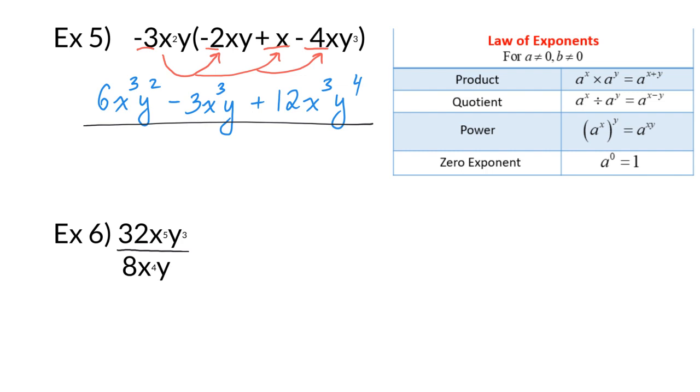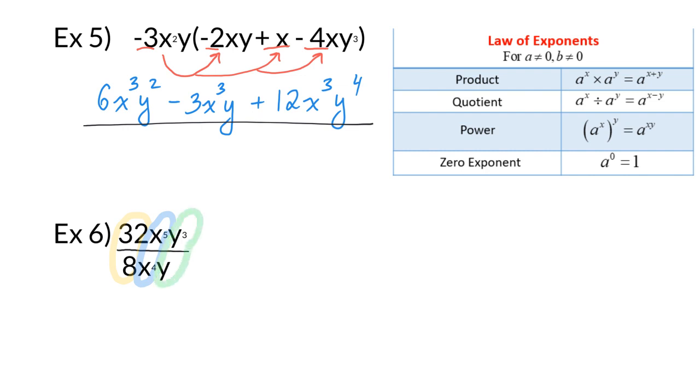In our last example here, we are looking at dividing polynomials, or in this case, a monomial. The same methods apply as before. When we were multiplying, we grouped the numbers together, which we will do here. We then grouped like bases together. So the x's will go together and the y's will go together.